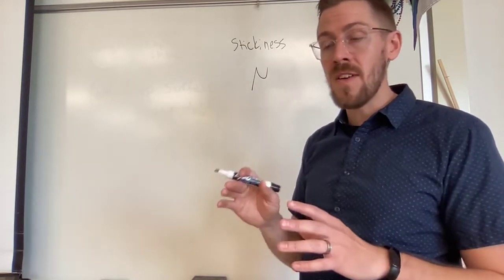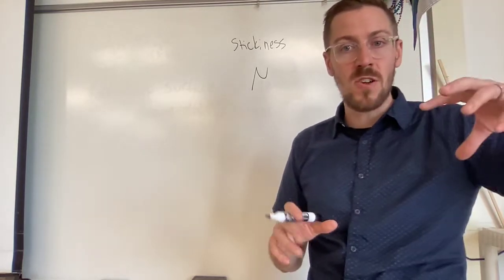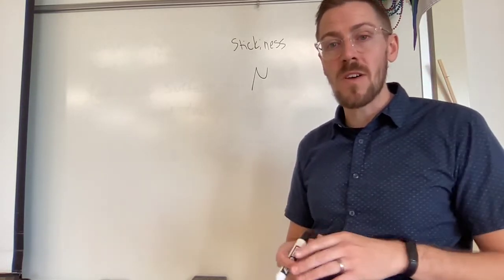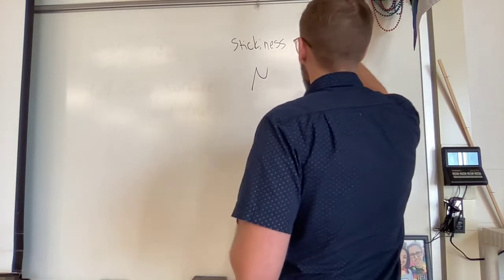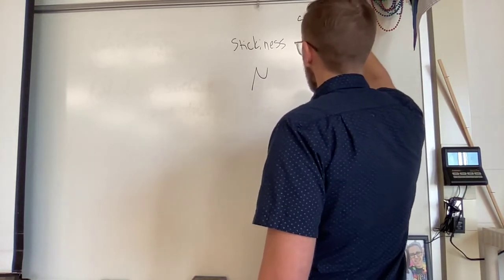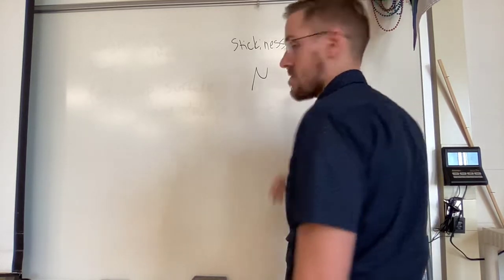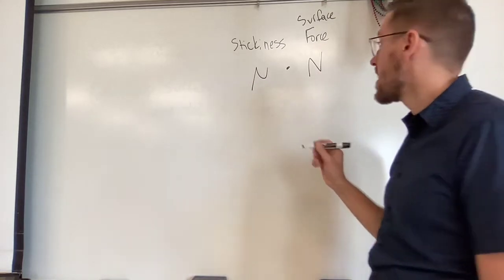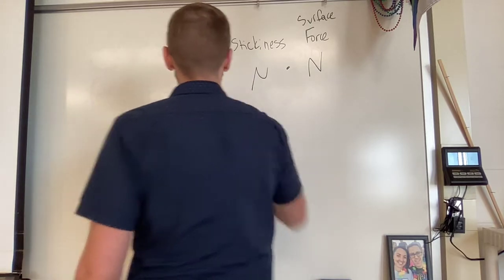The other thing that mattered was how much force was downward on the surface, or how much force the surface is pushing up with, which we call the normal force. This is how much force is on the surface, which we call N. Those two things multiplied together give us the force of friction.